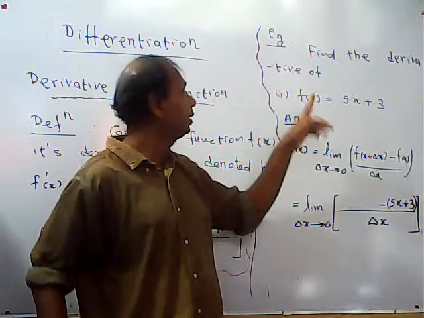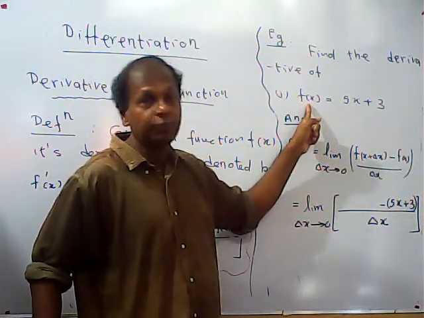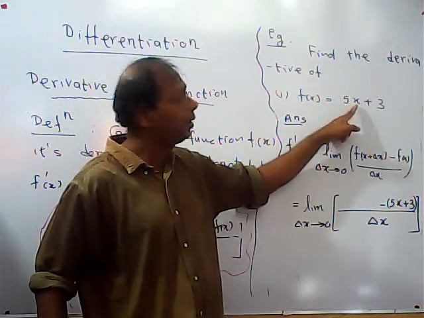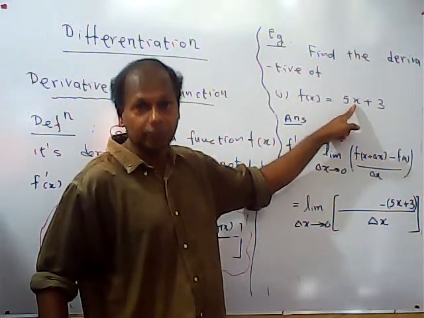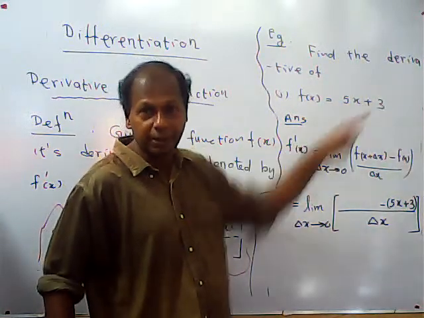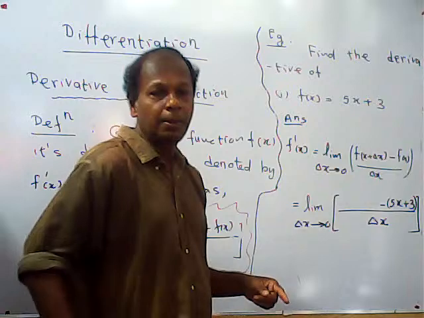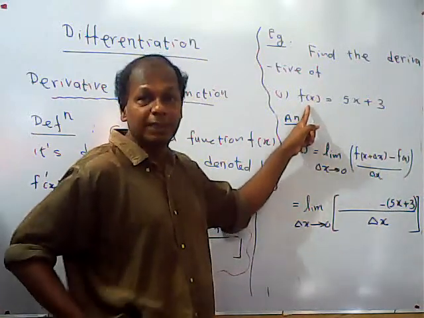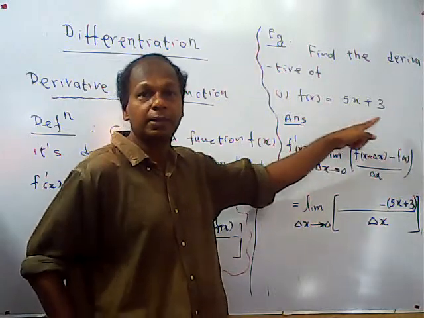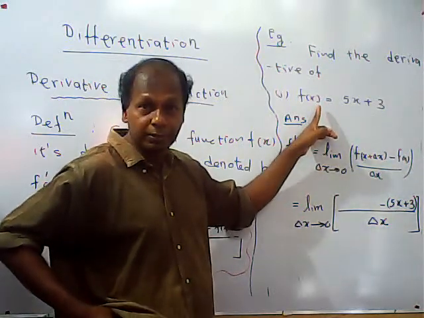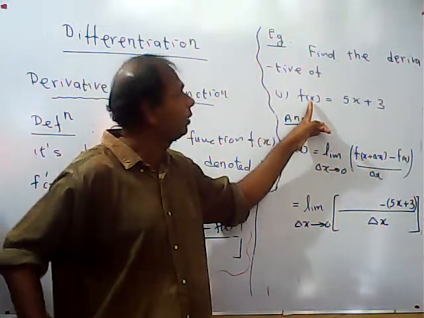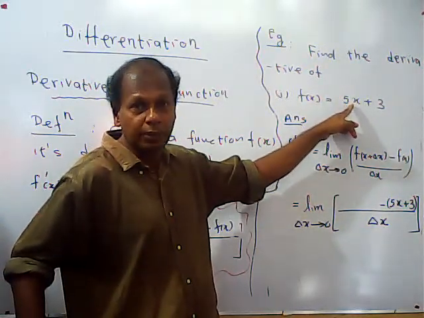Likewise, f of x squared, the composite function: you replace x by x squared and that will be 5x squared plus 3, right? f(t) will be 5t plus 3. To find f of 1 over x, you replace x by 1 over x, so f(1/x) equals 5 into 1 over x plus 3.